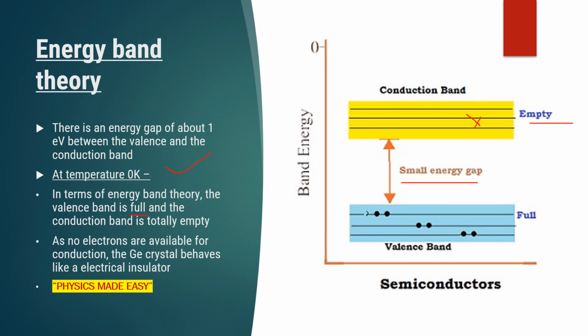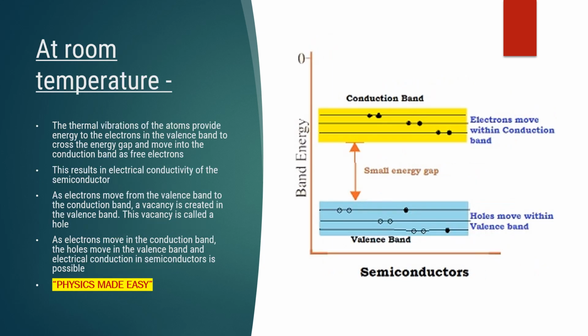So the crystal behaves like an electrical insulator. But at room temperature, thermal vibrations of atoms provide energy to the electrons in the valence band to cross the energy gap and move into the conduction band as free electrons. This results in the electrical conductivity of the semiconductor.